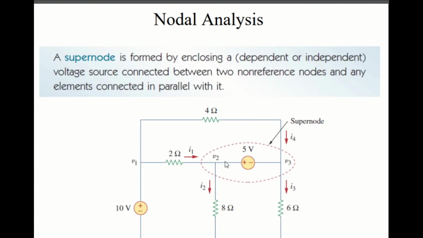If between 2 nodes there's a voltage source, either dependent or independent, we can conclude that these two nodes form a single supernode. I'm going to explain a bit further during the example after this. You just need to remember that if there's a voltage source, independent or dependent, between two nodes, it will become a supernode, so that it will be easier for you to analyze the circuit.